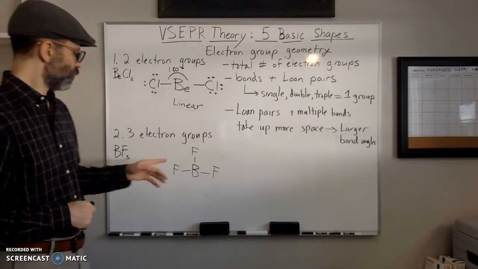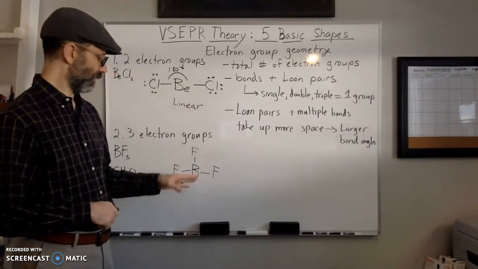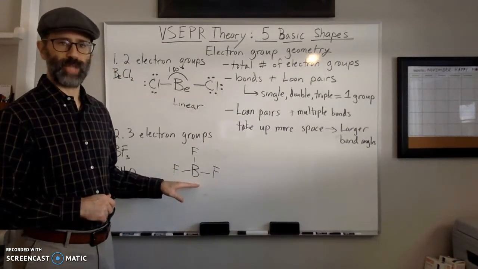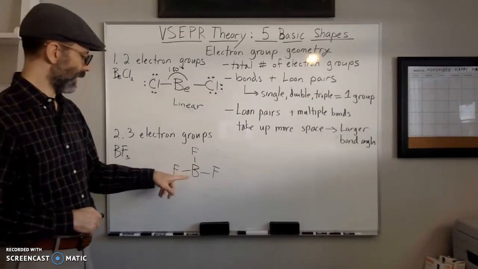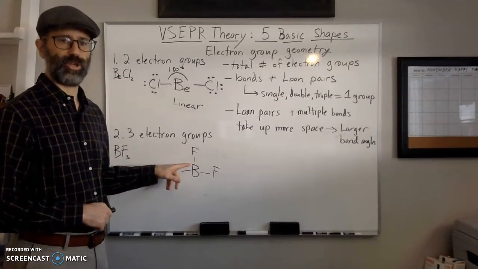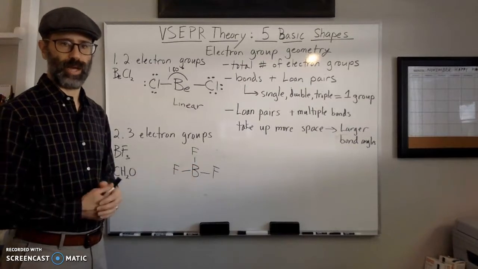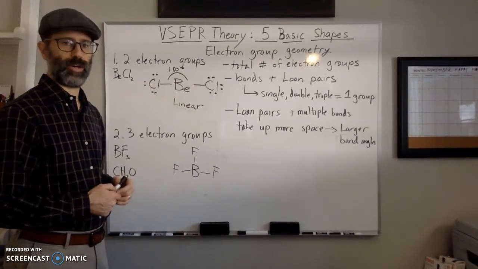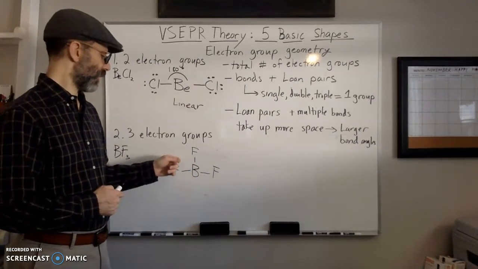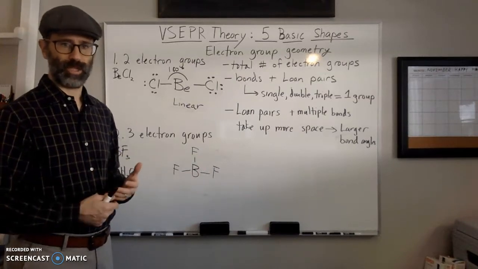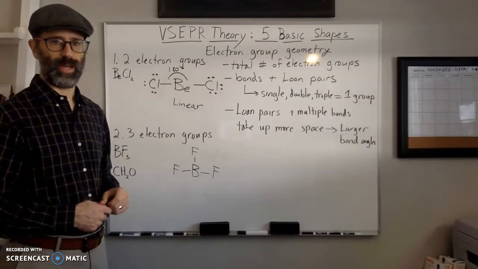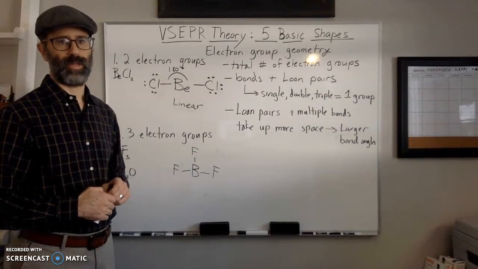So drawing a Lewis dot structure like this is perfectly fine. It may look like these are 90 degree angles because that's the way I drew it. But if you use VSEPR theory, then VSEPR theory will tell you what the angles actually are, even though you may not draw them that way, and you don't need to draw them that way.